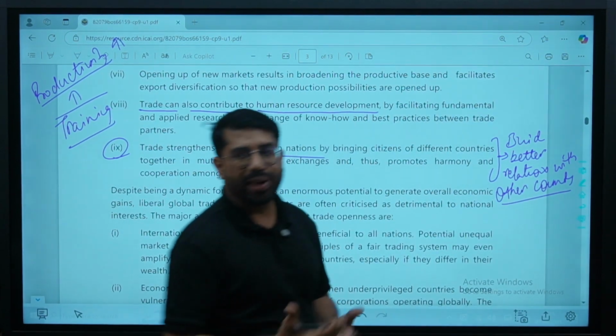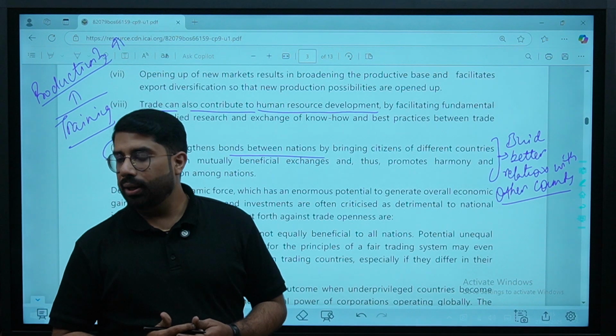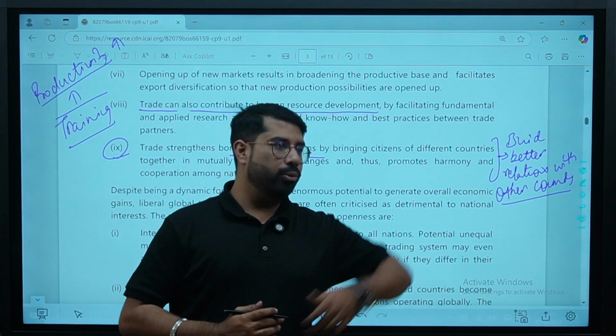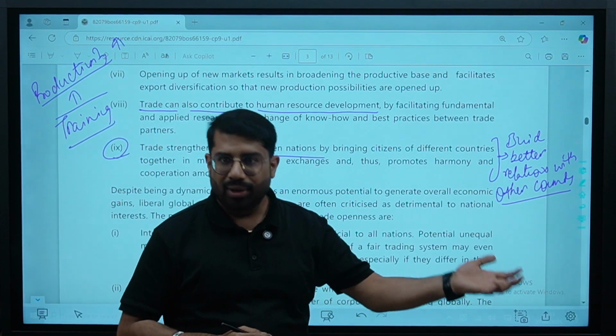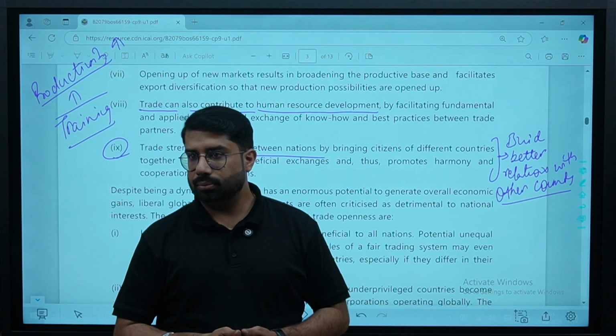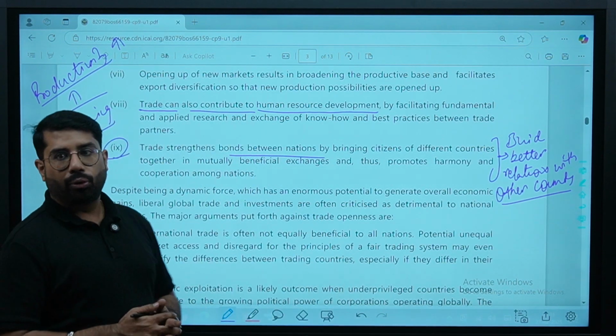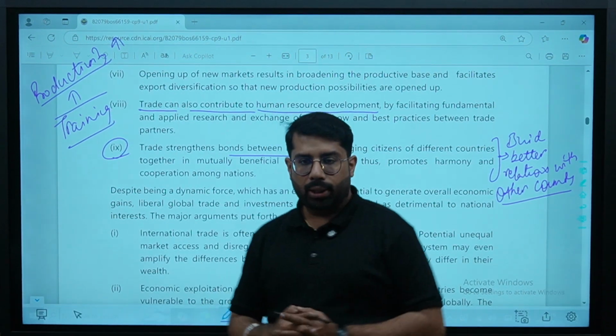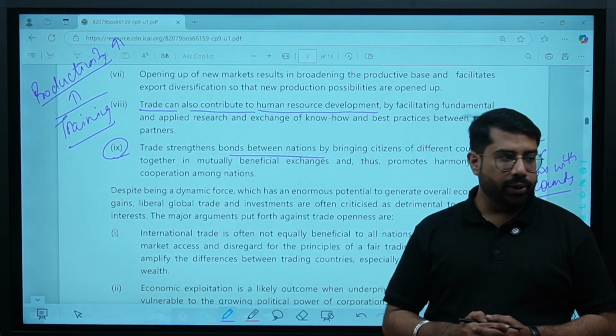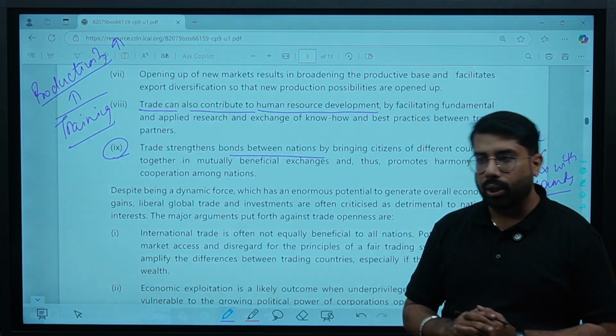It means you make good friends. So in case of any help, you may ask for help from the neighboring friend country. Are we clear? These are the benefits of doing international trade.